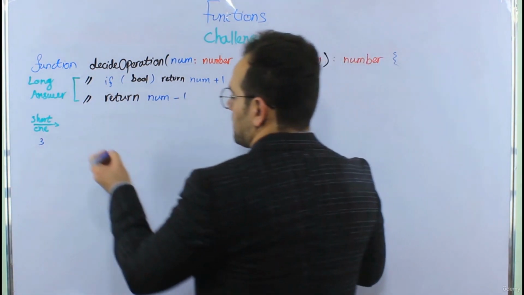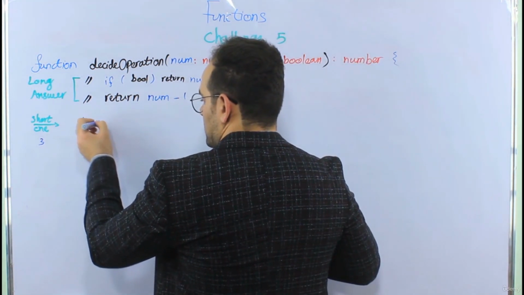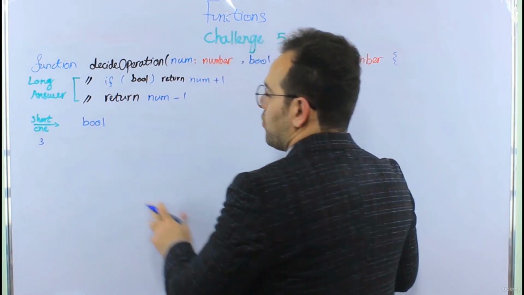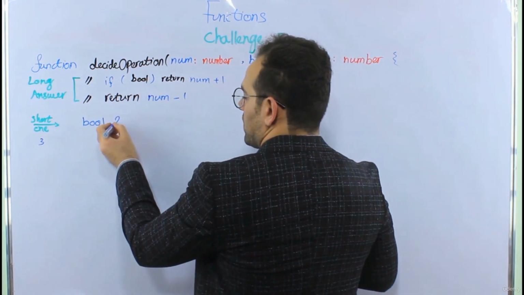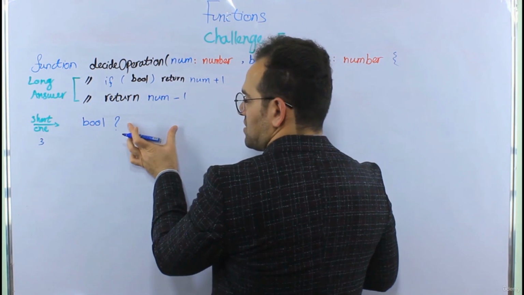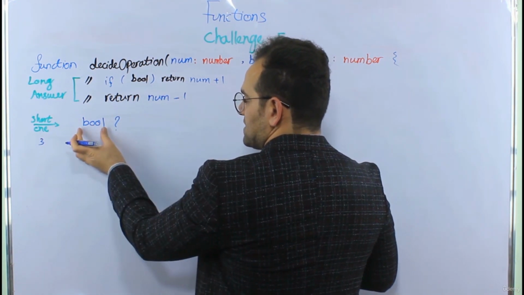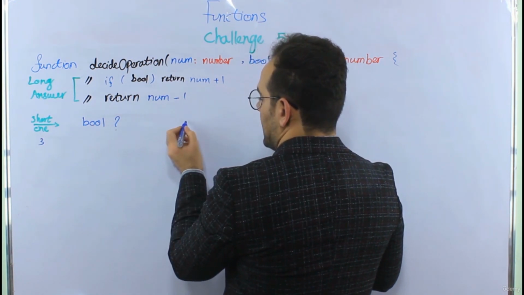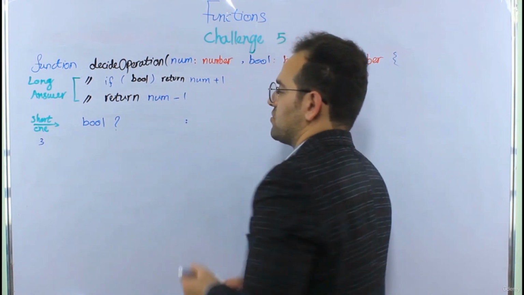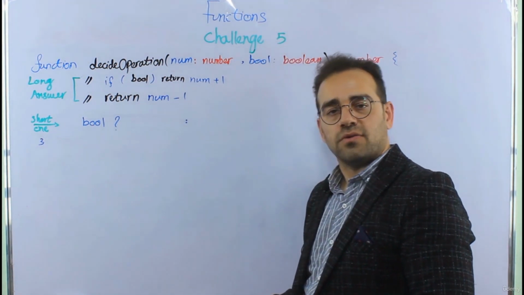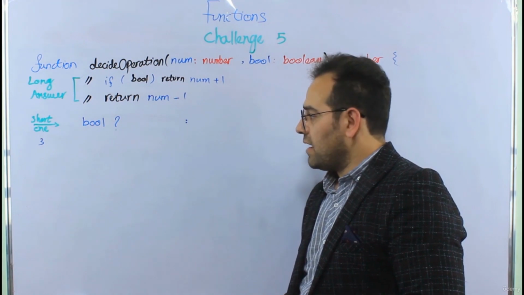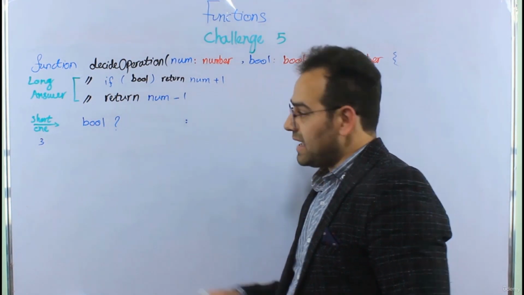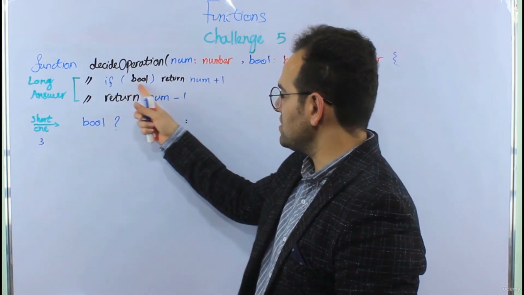So I'm just going to write here bool. Now, when this is true, whatever comes after the question mark is going to run. If this is false, whatever comes after the colon is going to run. Very simple, right? So we are saying that if Boolean is true, which condition is that?